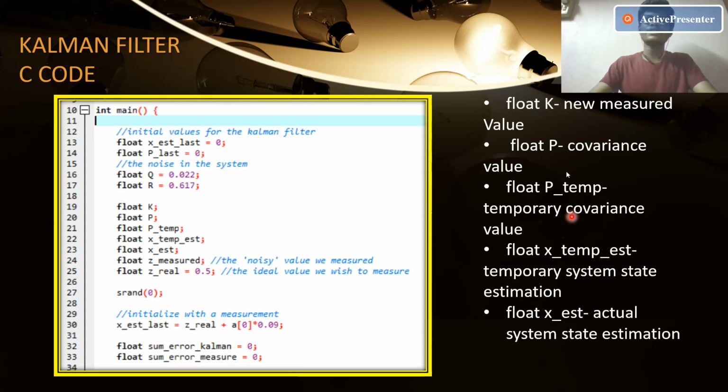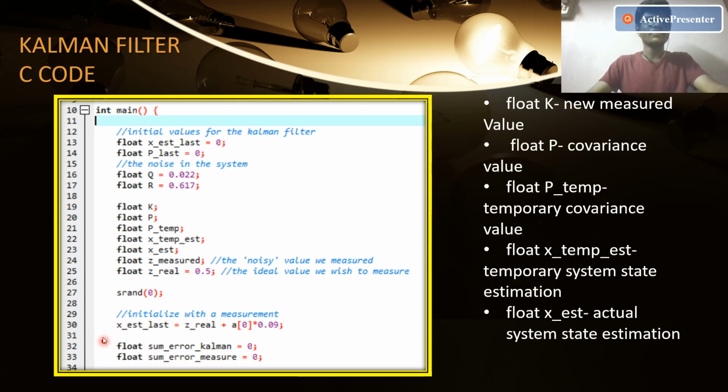All these values were explained in review 1, and basically these are the technical terms of the Kalman filter, and we have certain formulas for implementing Kalman filter algorithms. Those were discussed in review 1, and these formulas are implemented in the code, which are explained in the upcoming slides.